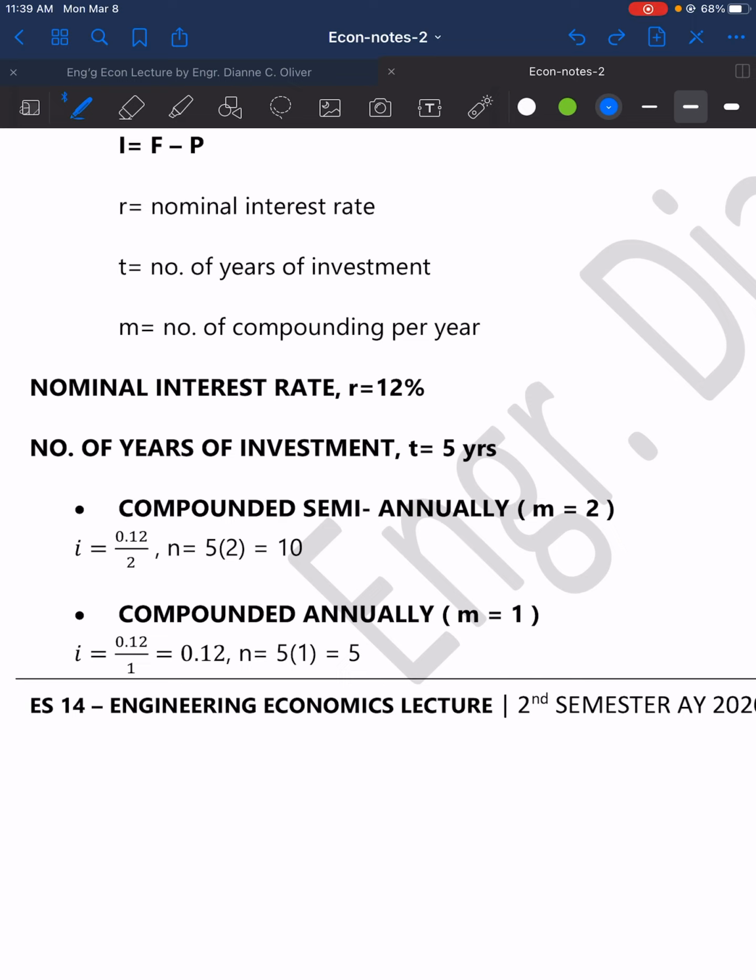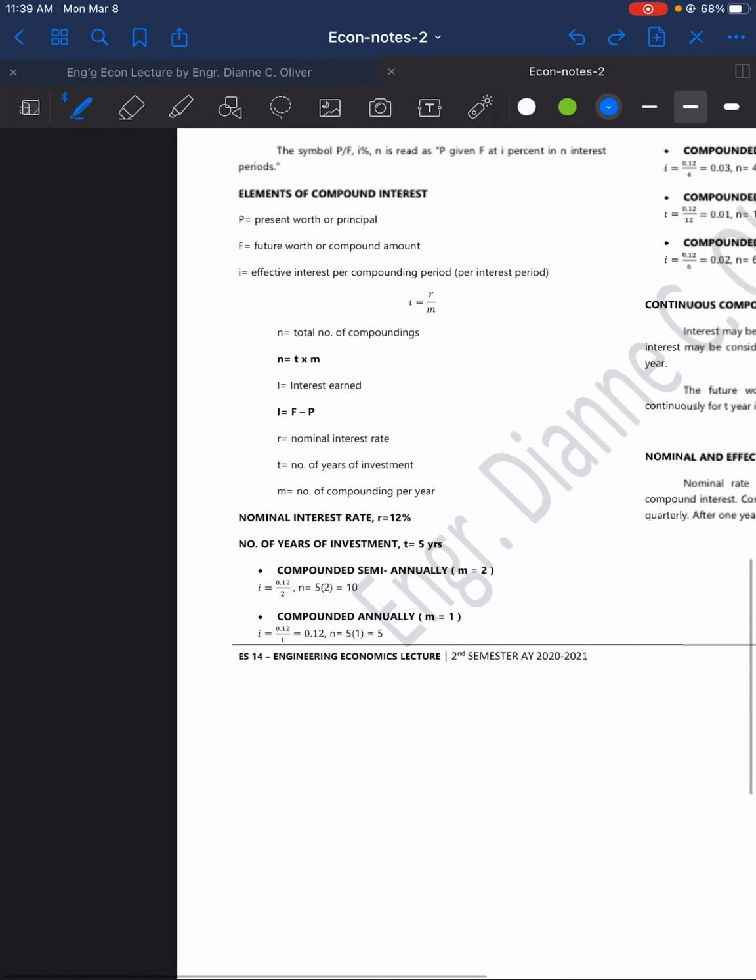Wherein i becomes 0.12 divided by 2, and then n becomes 5 years multiplied by 2 for compounded semi-annually. For compounded annually, we have m is equal to 1, so that our i becomes 0.12 divided by 1. Then we have n is equal to 5 years times 1. So that is for compounded annually.